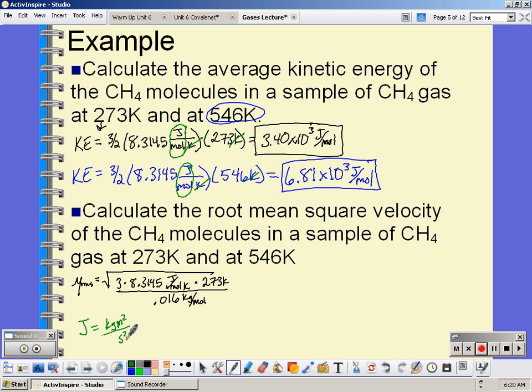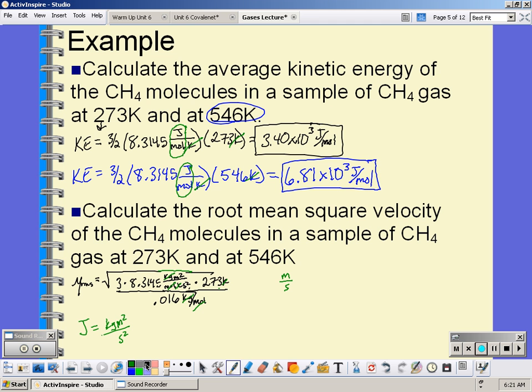So really we can go in there and we can change joules to kilograms meter squared over mole Kelvin second squared. And then if we look at our unit cancellation, kilograms will cancel. That's why the molar mass has to be in kilograms. Moles cancel and Kelvin cancels. Since we're taking a square root, our answer is just going to be meters per second.